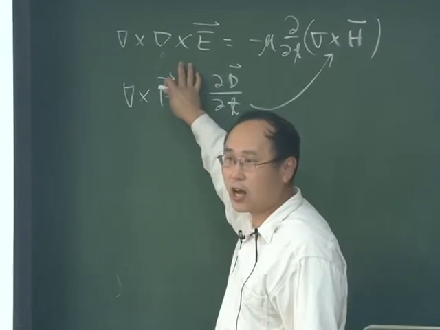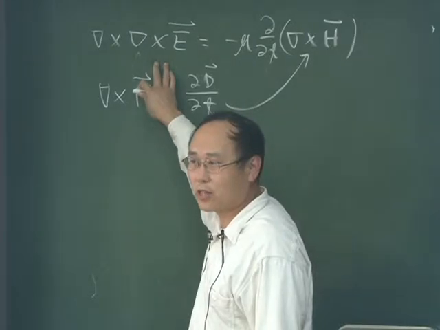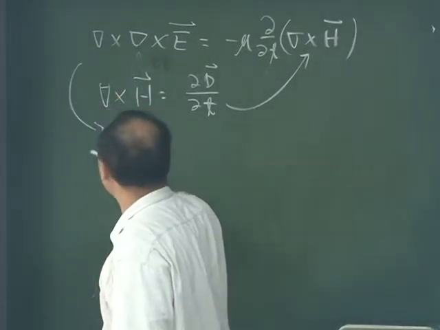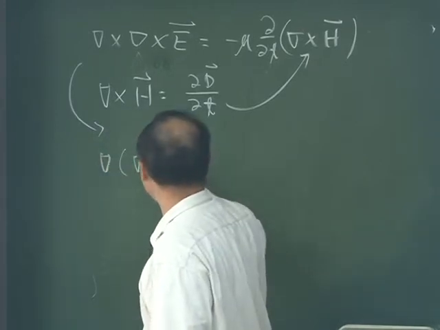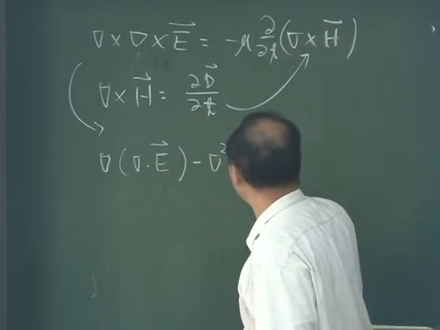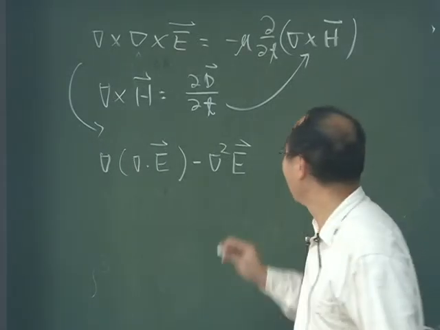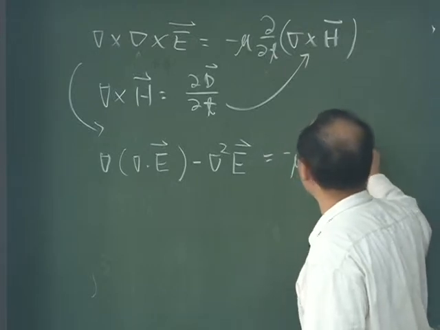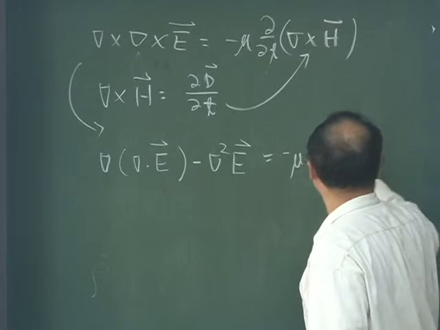But on the left-hand side, you must know the way to simplify this from the definition of the vector Laplacian, right? On the left-hand side, you have the gradient of the divergence of E minus the vector Laplacian of E. This is the definition of the vector Laplacian. On the right-hand side, you get mu epsilon times the second derivative of the electric field over time.